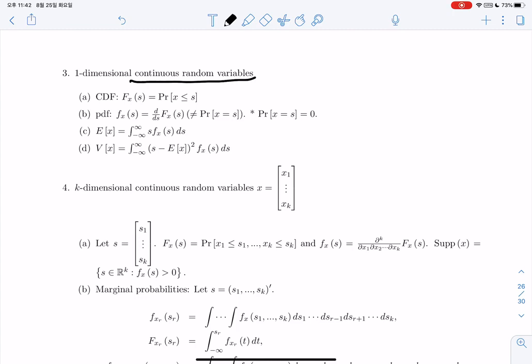So without telling you why further, I'd like you to accept that at least for the convenience of notation and expression, I'm not going to distinguish PMF and PDF. I'm going to call both of them PDF. Okay.